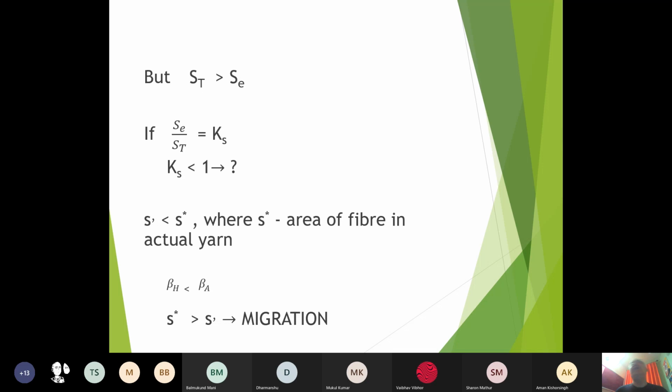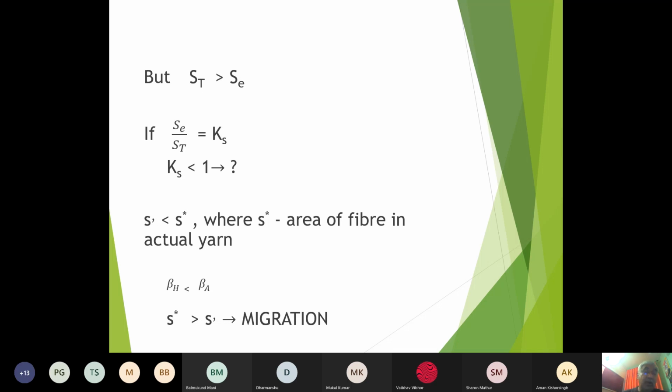If two yarns have two different Ks values, the yarn with the higher Ks value indicates fibers that are more straight and parallel. So once I know the value of Ks, I am in a good position to see how my fibers are placed in the yarn.